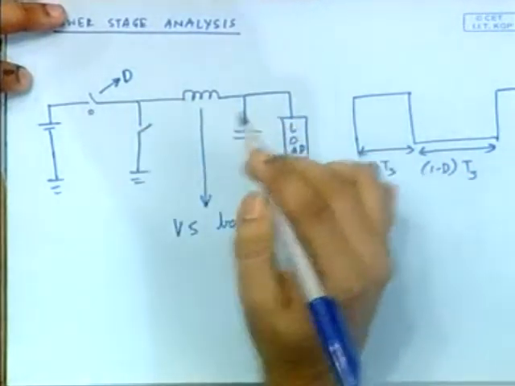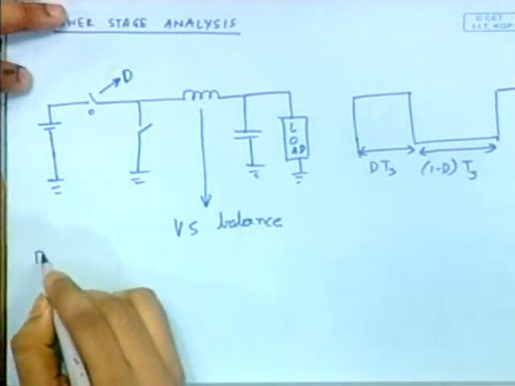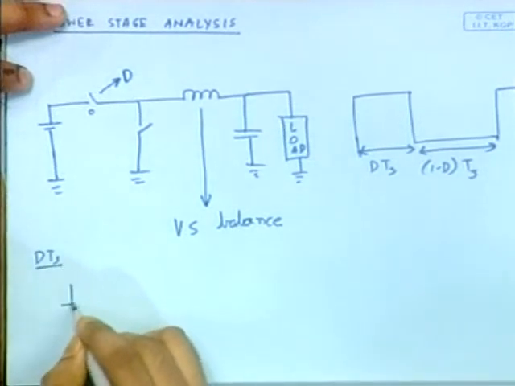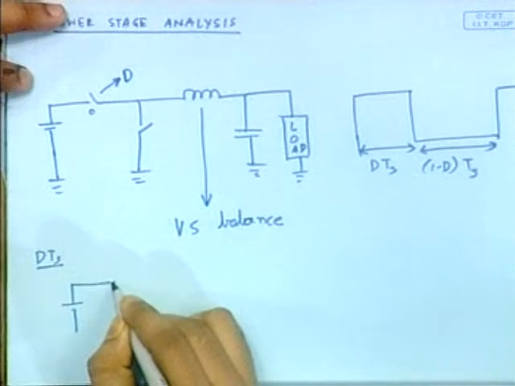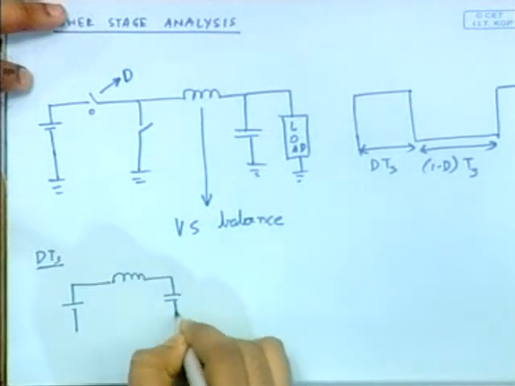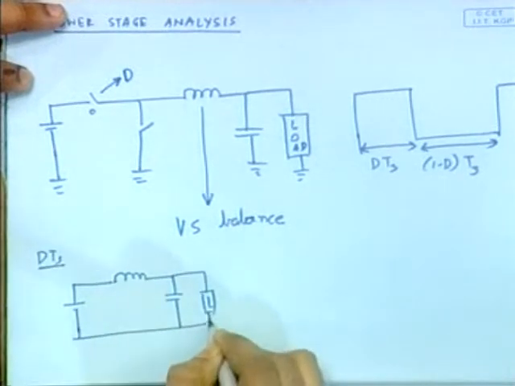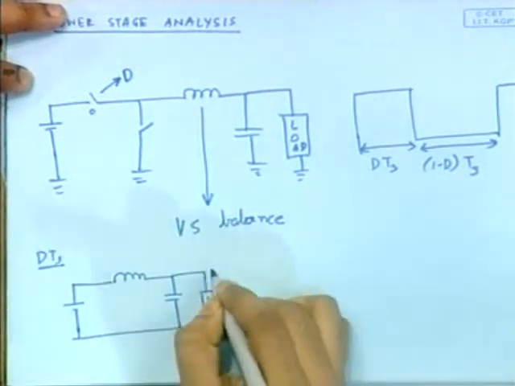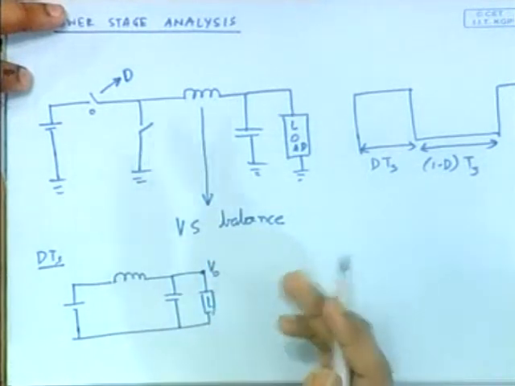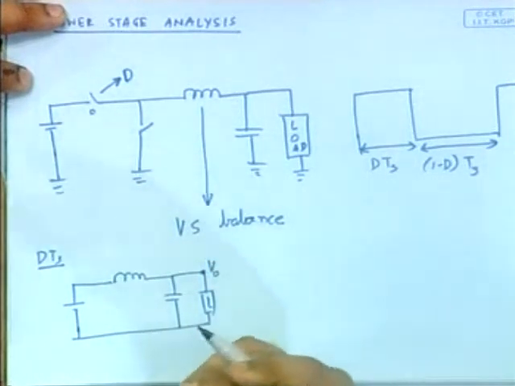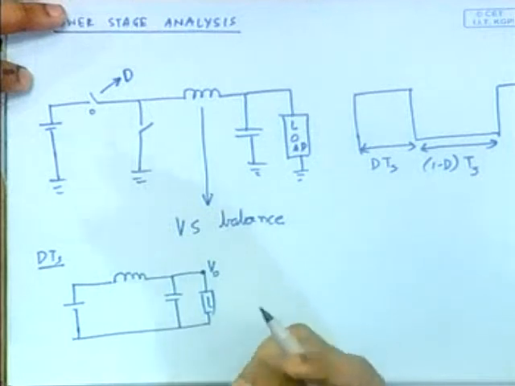When this is on, during DTS, the circuit configuration will be like this. Right. So at first we assume that the output voltage is constant, and slowly we will explore ways of how to make it constant. That's when we design the controller.